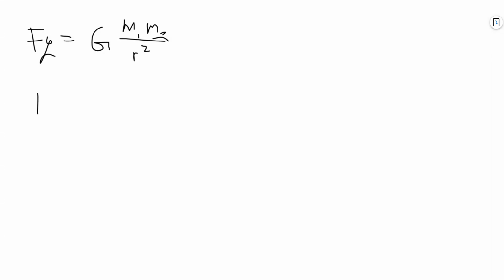And then the centripetal force equation, which was just the mass of the object that is experiencing this, so the mass of the orbiting object, tangential velocity squared divided by the radius. So if we know that in this case, force of gravity and centripetal force are the same, we can set them equal to each other.